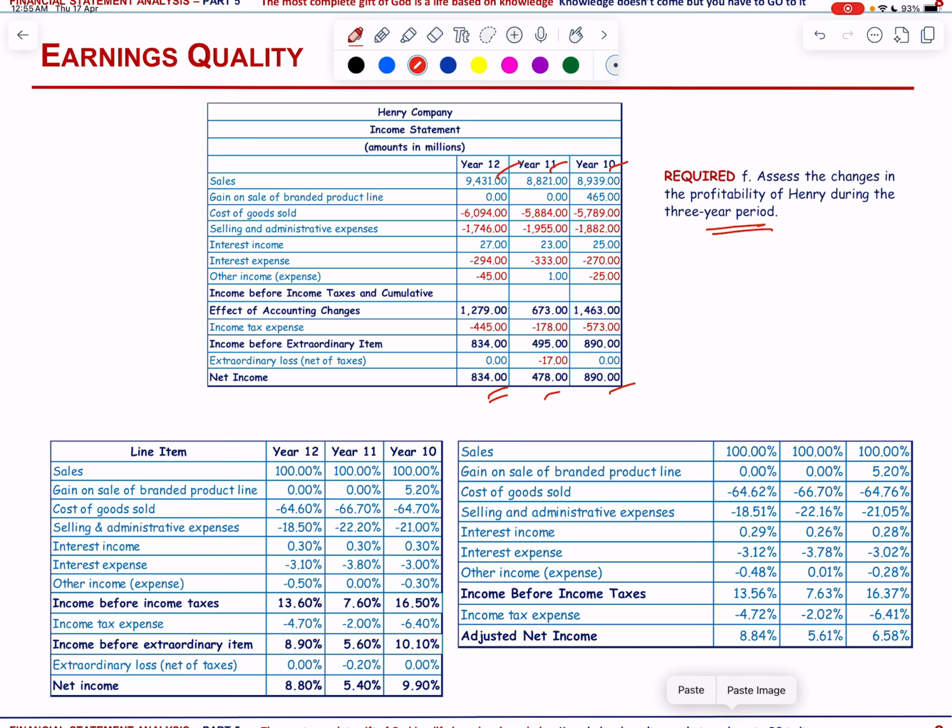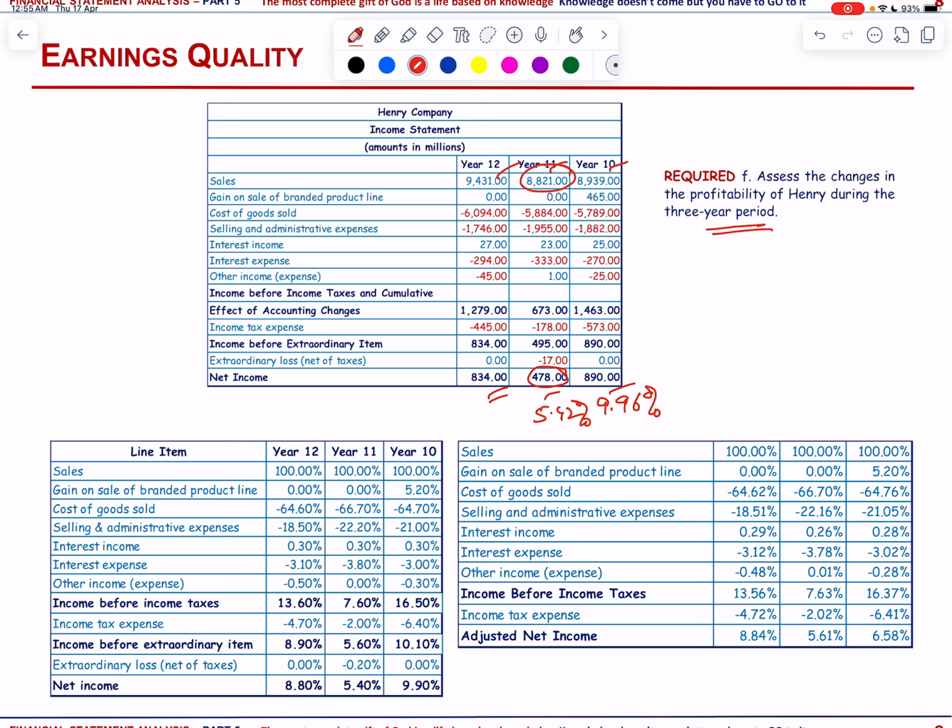So if we calculate the net income margin for the year 2010, it will be 9.96%. For the year 2011, it will be once again the net income divided by sales, that is 478 divided by 8821, and that is equal to 5.42%.